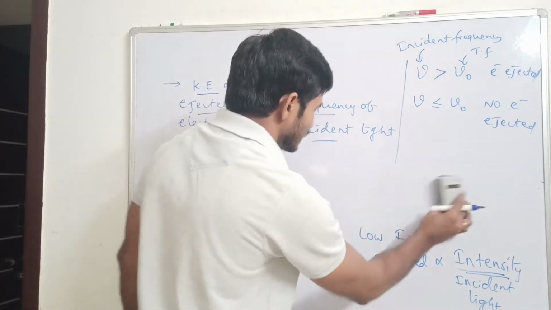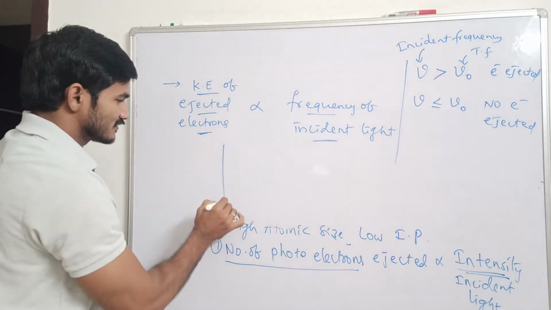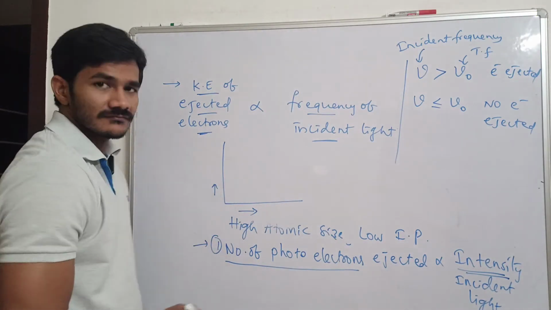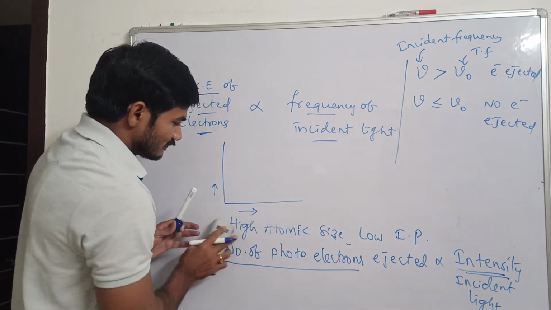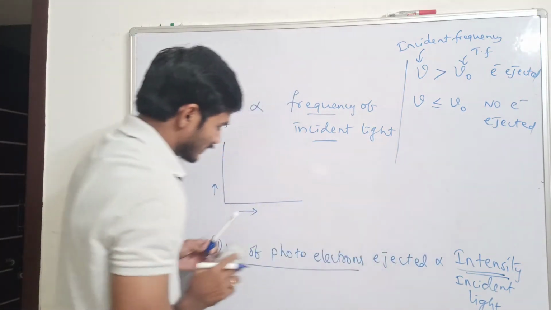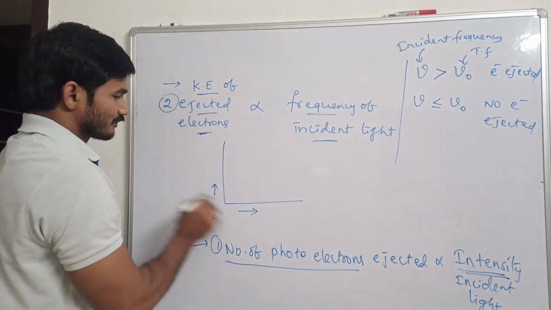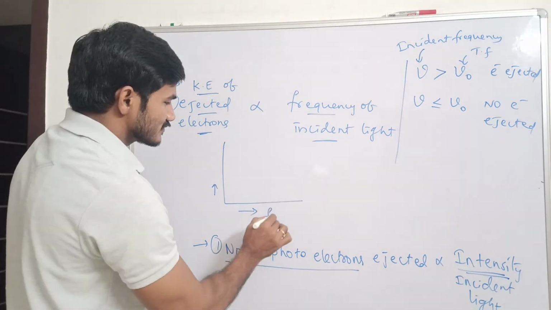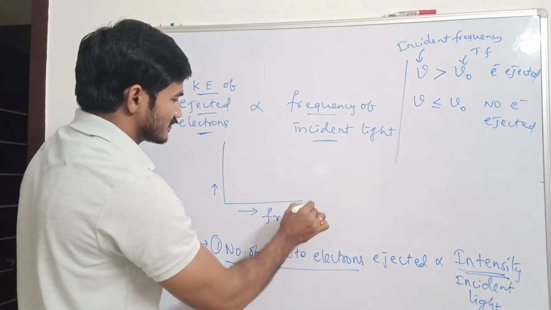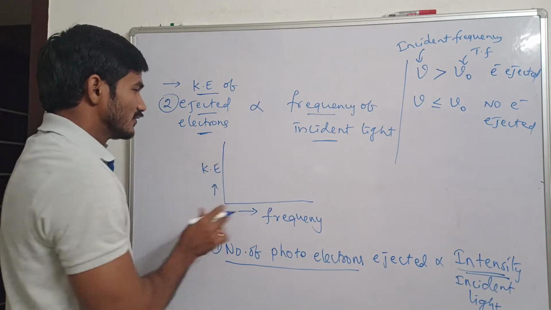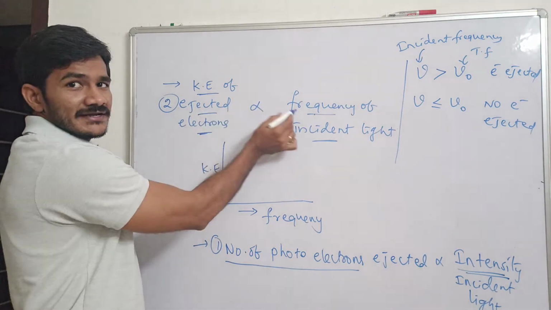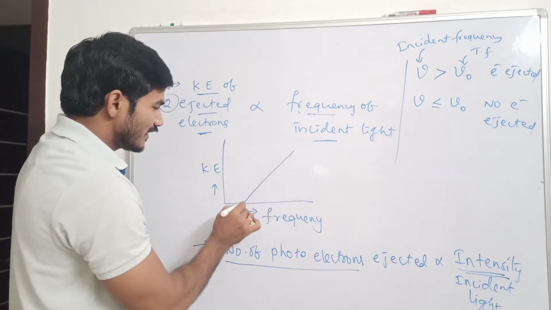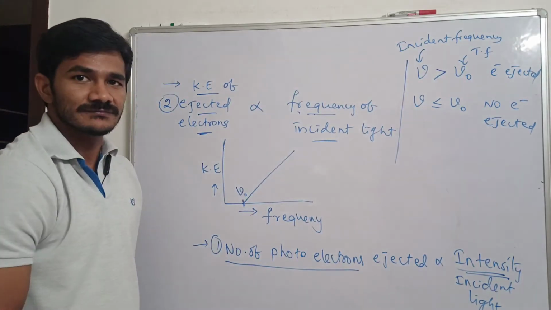Based on these two points, I am drawing the graph. If I take frequency versus kinetic energy, frequency is directly proportional to kinetic energy, so it increases, provided the frequency is more than the threshold frequency.